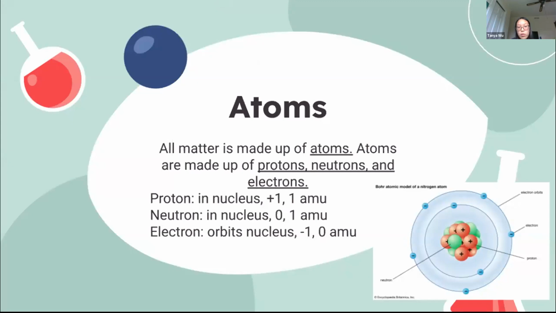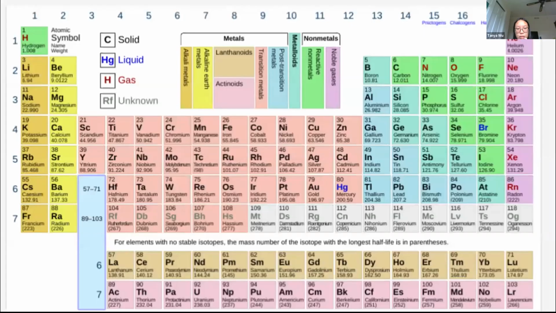I've thought of a couple things that I missed, so I'm going to go over them really quickly. Sorry. Okay, so in the periodic table, there are different trends. They will have different properties based off of where they are in the periodic table, but we're not going to talk about that today.